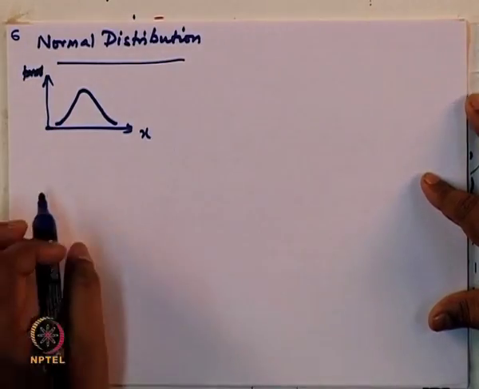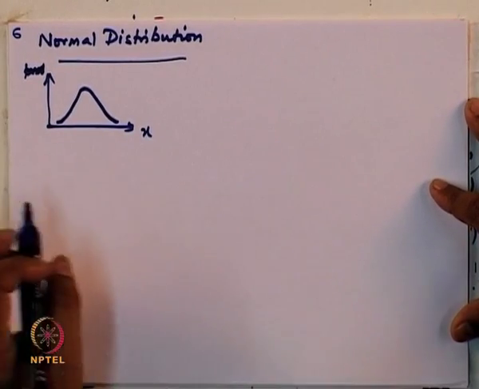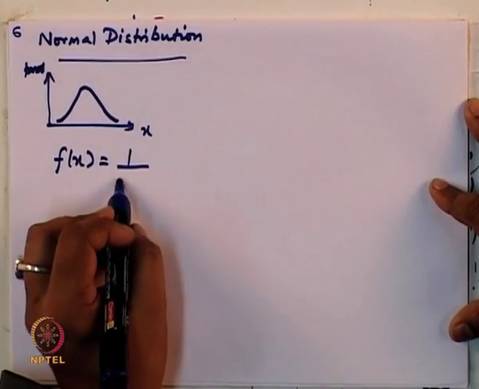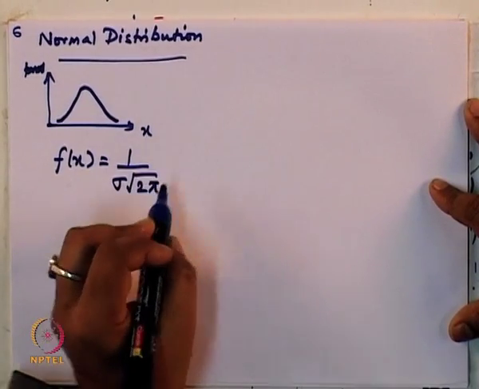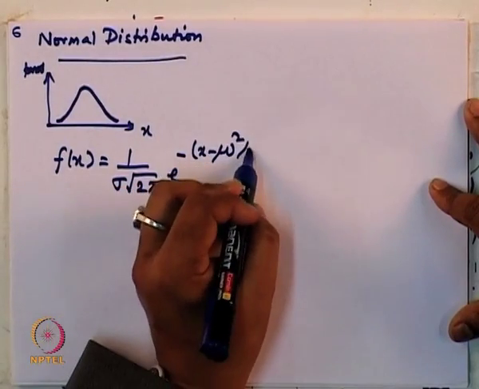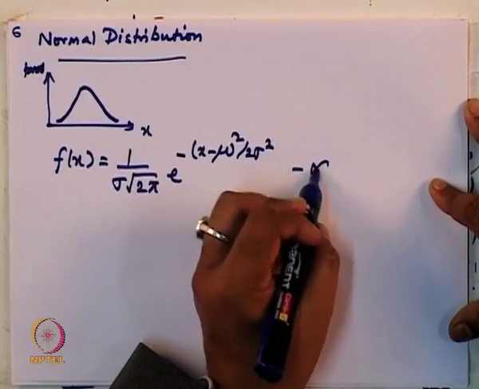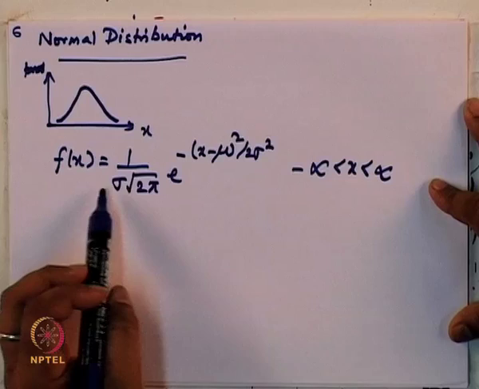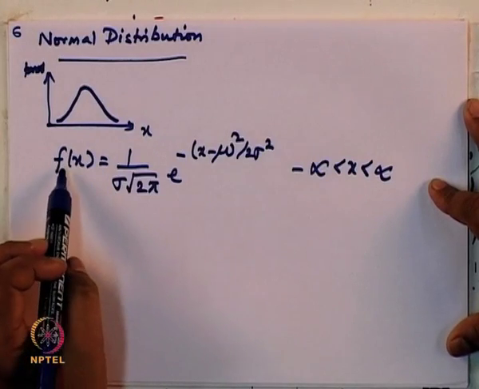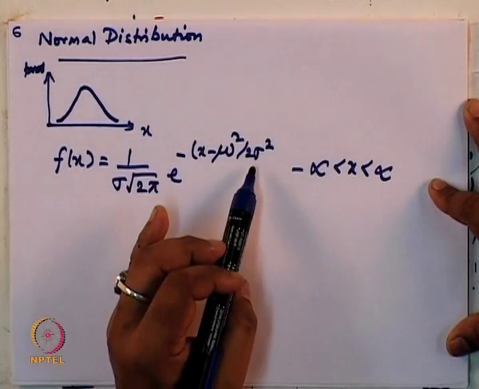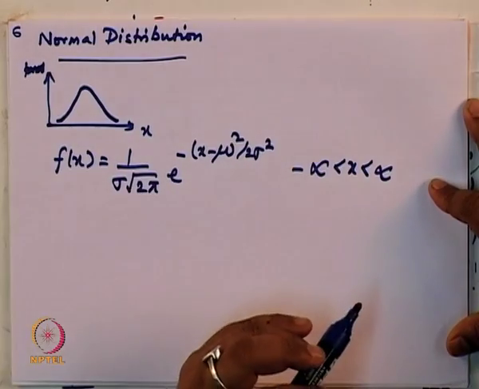For the normal distribution, your f of x is given by, you see there are two parameters here, the probability density function f of x equals 1 by sigma root 2 pi e to the power minus x minus mu whole square by 2 sigma square.